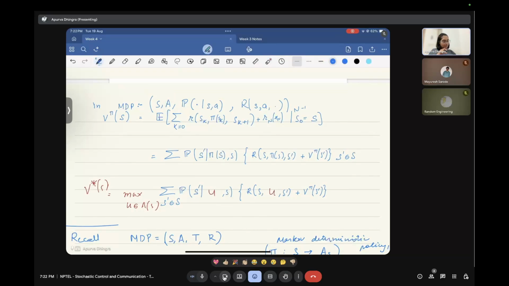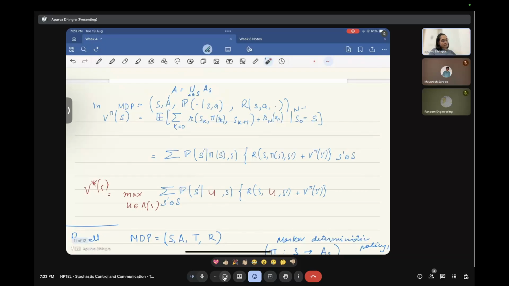So A here refers to the union over small s that belong to capital S of A_s for each of those states. Then we have some transition functions: what is the probability of going to some state if originally we were in state S and took action A? This type of information is available for all the states. That's the part of the description.